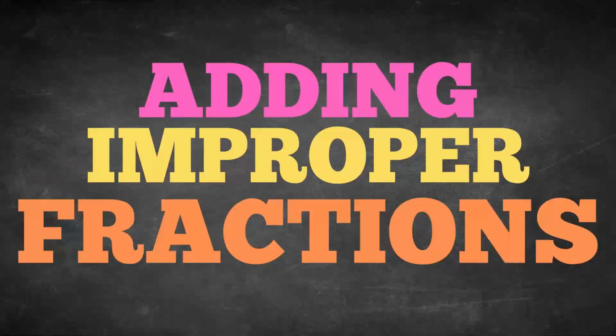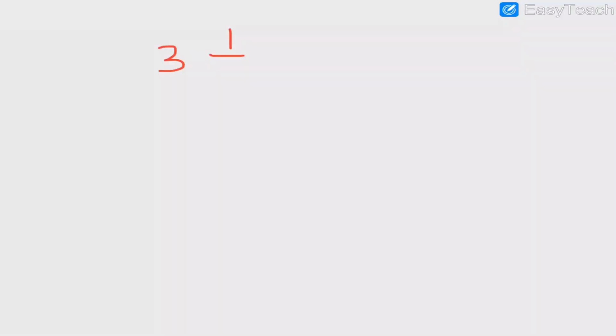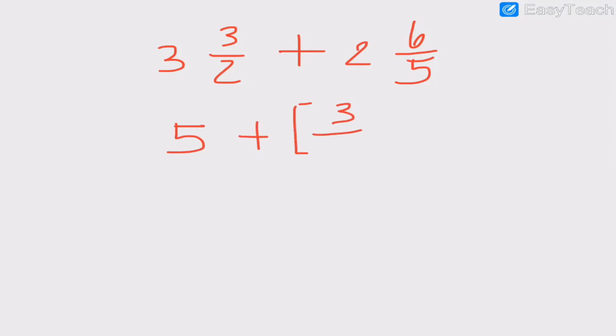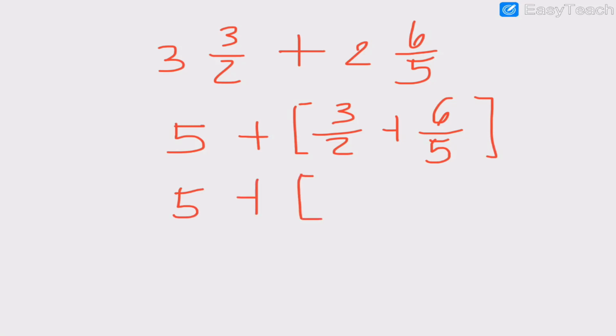Next is, let's try improper: 3 and 3/2, plus 2 and 6 over 5. So let's just add up the whole numbers. 3 plus 2, that is 5, plus 3/2 plus 6/5, that will be 5 plus 3/2 plus 6/5.